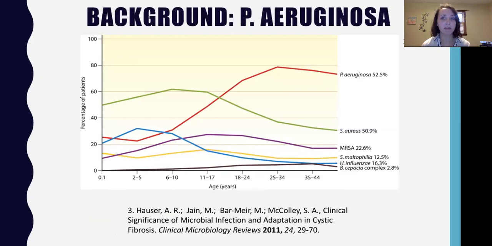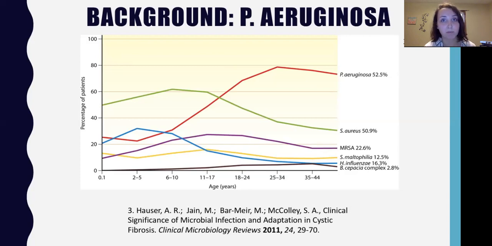As you can see in this graph, Pseudomonas aeruginosa is one of the top bacterial infections in patients with CF, especially in preteens or older. And according to the Johns Hopkins Cystic Fibrosis Center webpage, 80% of CF patients have a chronic infection of Pseudomonas aeruginosa. So this project is really important.